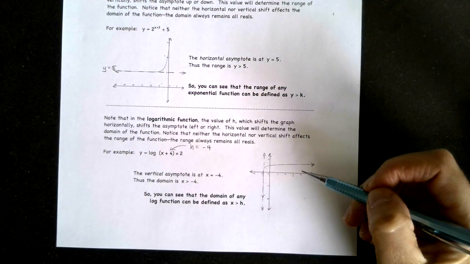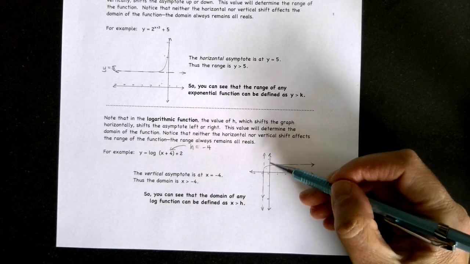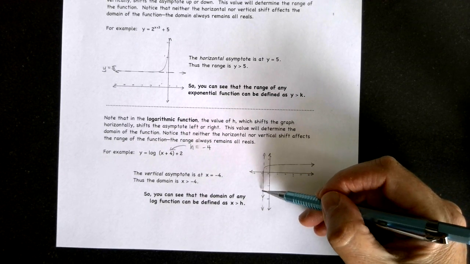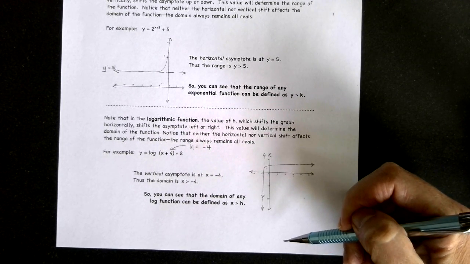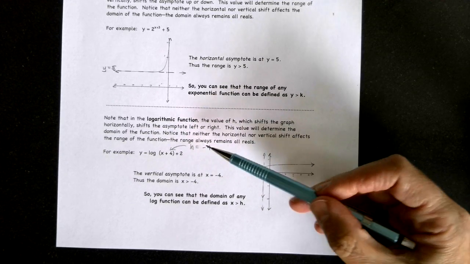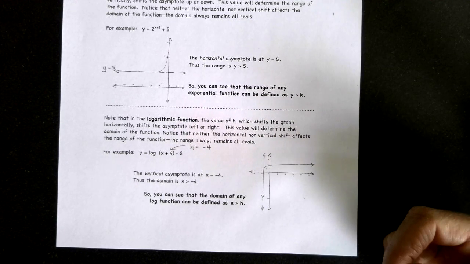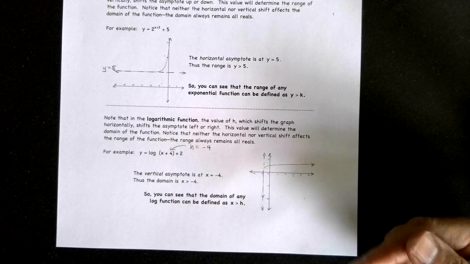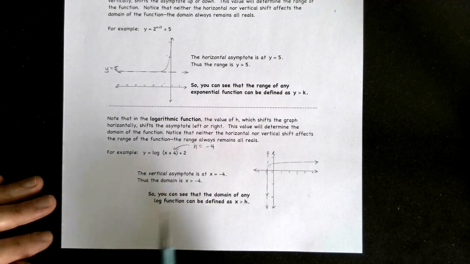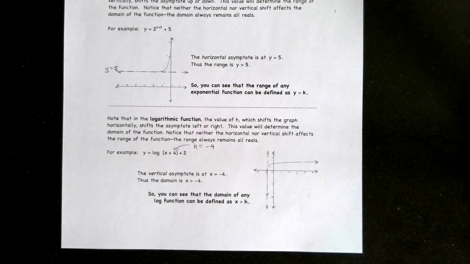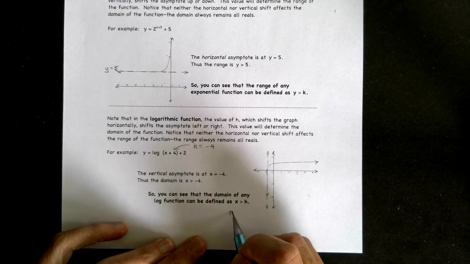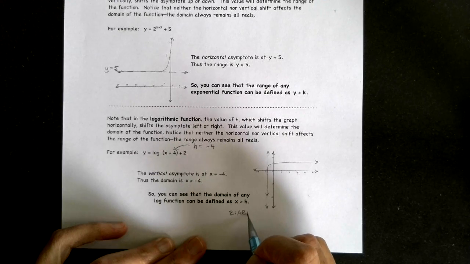So I'm shifting this basic function to the left 4 units. And of course the shift up 2 units is not as obvious, but it does shift the graph up 2 units. And so here you can see that the domain of any log function can be defined as x is greater than h, the range of real numbers.